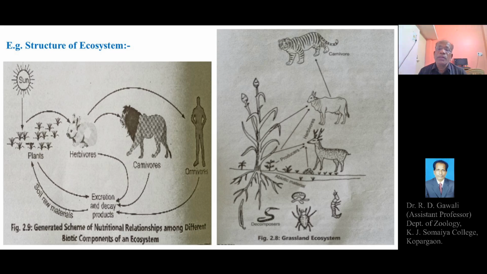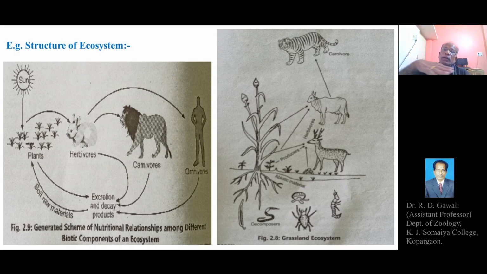Herbivores like cattle or deer are feeding on the plants, and these herbivores can be consumed by a carnivore like the tiger.